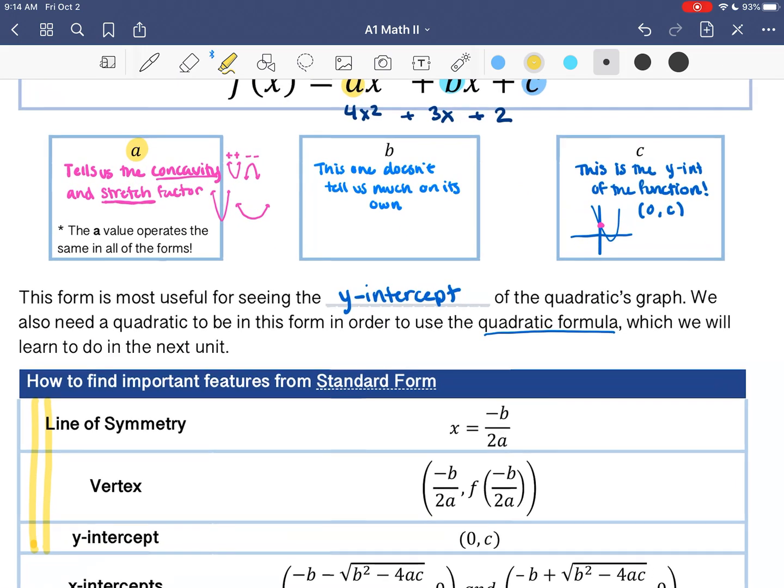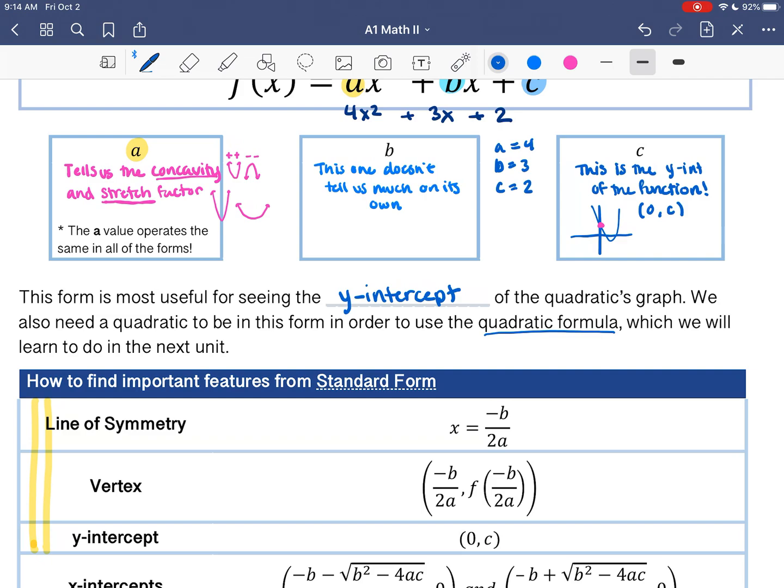So for example, like this example that we did right here, the a value is 4, the b value would be 3, and the c value is 2.